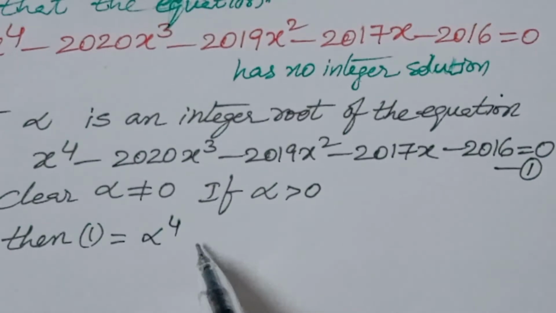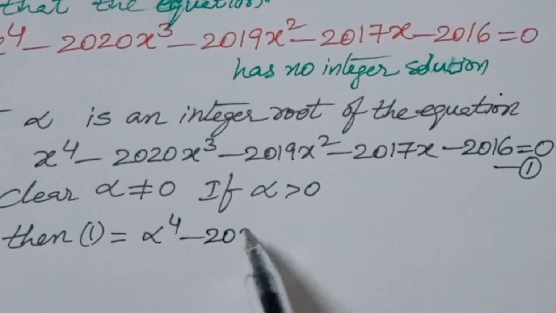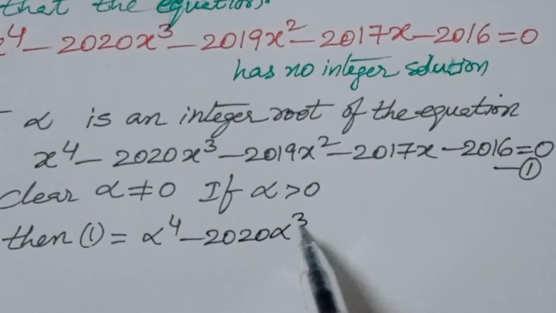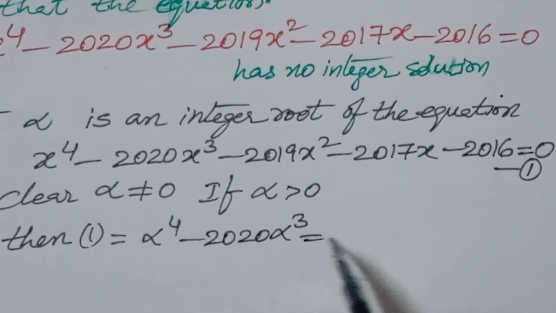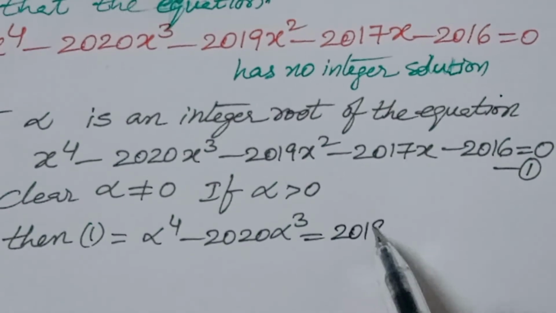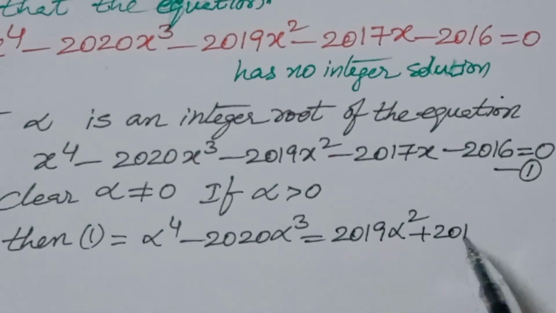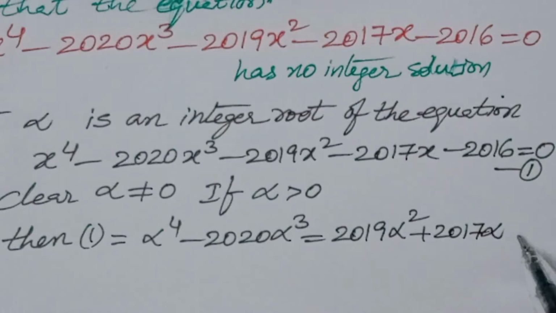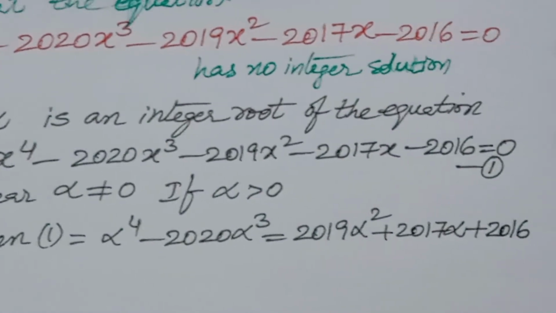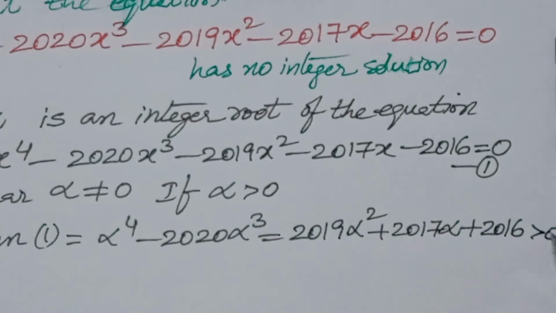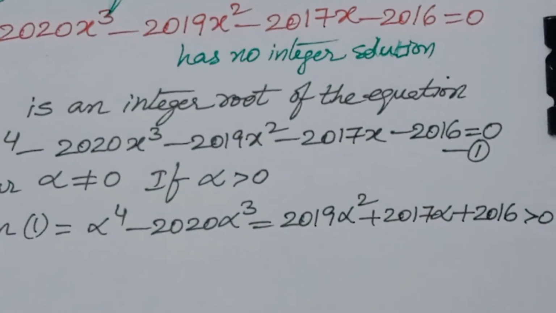alpha^4 - 2020 alpha^3 = 2019 alpha^2 + 2017 alpha + 2016, which should be greater than 0. Why?